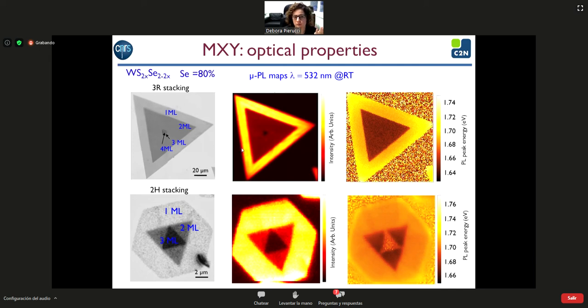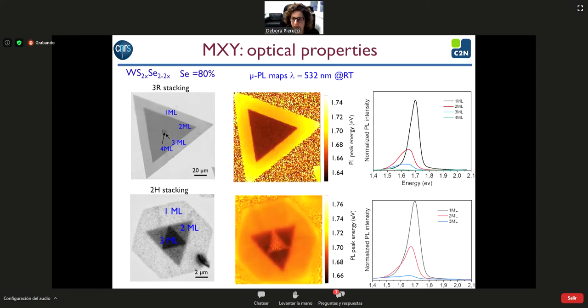Here, what I show you is an intensity deposition PL map. What we saw by optical image is real: we have really different layers of our TMD, and it is clear that here at the edge we have one monolayer that is the intense signal, and then going inside the flake, where we have an increased number of layers, the signal decreases. But if we look at the integrated spectrum for the two stackings, the situation is also similar.